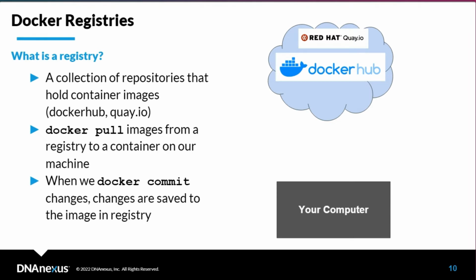Usually what we're going to be doing is a Docker pull of an image off of one of these registries onto our computer, or in our case, a web-enabled computer. We might make some changes to the installation, and when we do, we can also commit those to the image in Docker Hub. These are our two main tools for interacting with a registry.